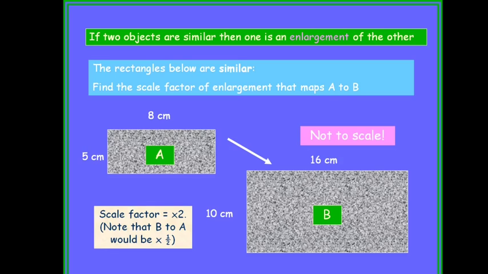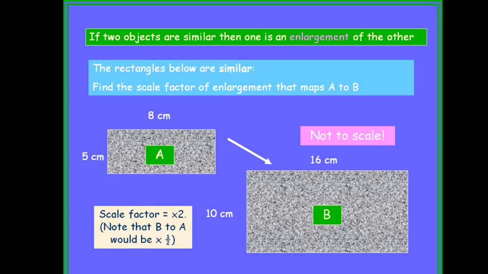So if you find the scale factor of enlargement that maps A to B, you need to multiply the corresponding sides of rectangle A by 2 to get the corresponding sides of rectangle B. In the same way, if I multiply 5 by 2, I get 10 centimeters, which is the breadth of rectangle B. So scale factor is important.